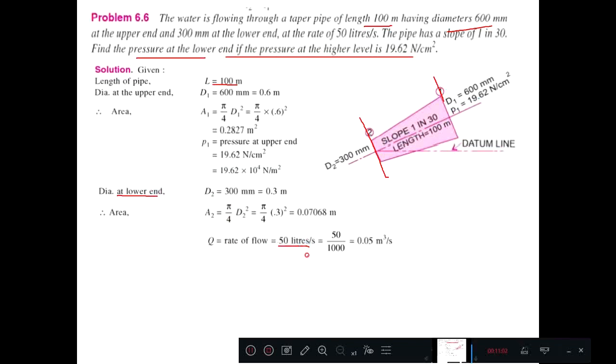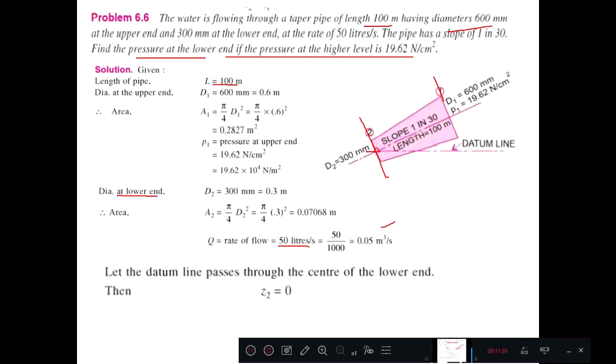The rate of flow is given as 50 LPS; 50 by 1000 gives you the value in meter cube per second. Then let the datum line pass through the center at the lower end, so the datum line is passing through the center of the lower end.